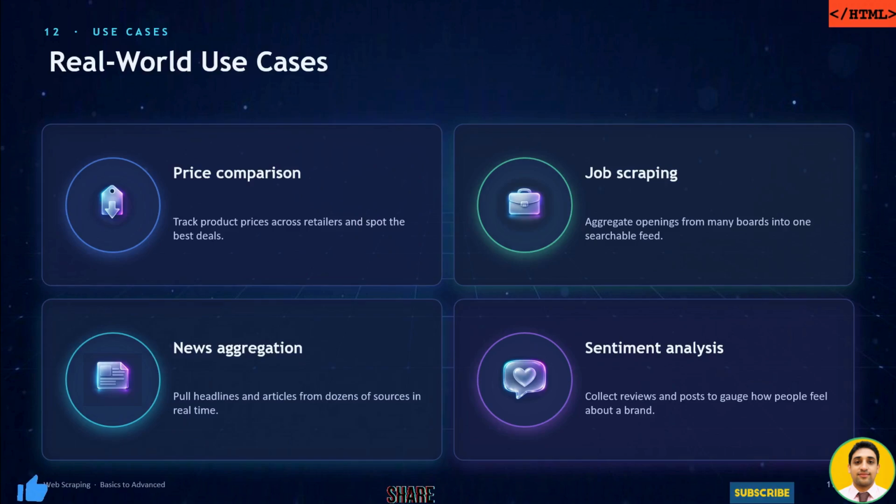News aggregation gathers headlines and articles from various sources in real time. Sentiment analysis involves collecting reviews or social media data to understand public opinion about a product or brand. These use cases highlight how valuable web scraping can be in decision making and analytics.